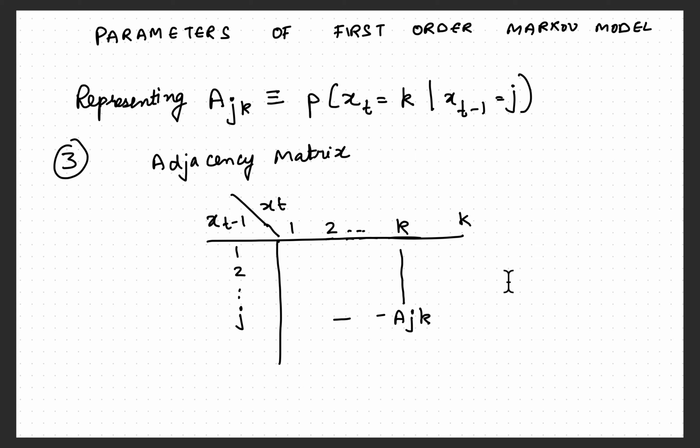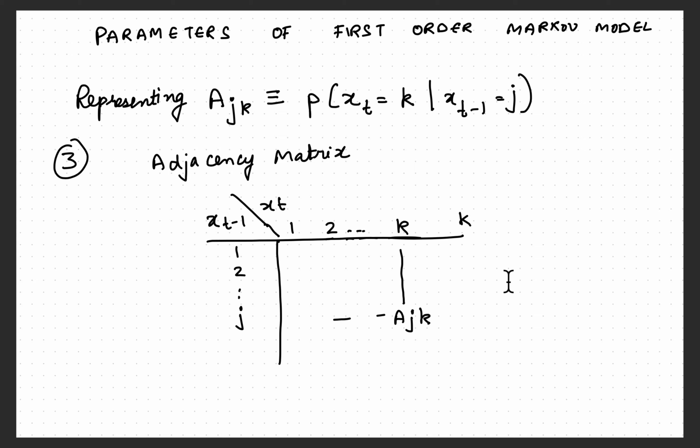The third way in which this could be represented is via an adjacency matrix. This is a matrix with capital K rows and capital K columns, where you're denoting a transition from x of t minus 1 to x of t.